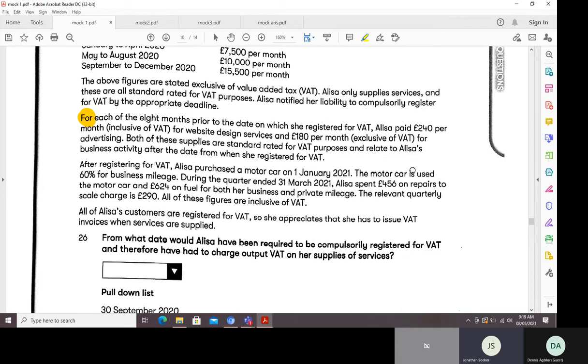We know that the VAT rate is 20%, but we're told that this 240 is VAT inclusive. So how do you get the amount of VAT when the figure is inclusive?